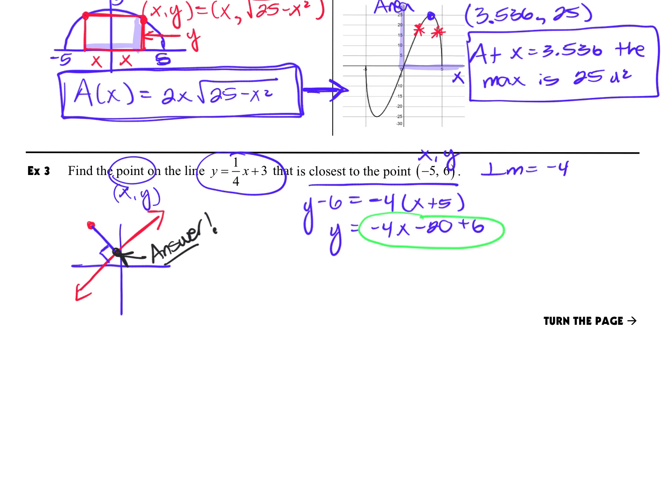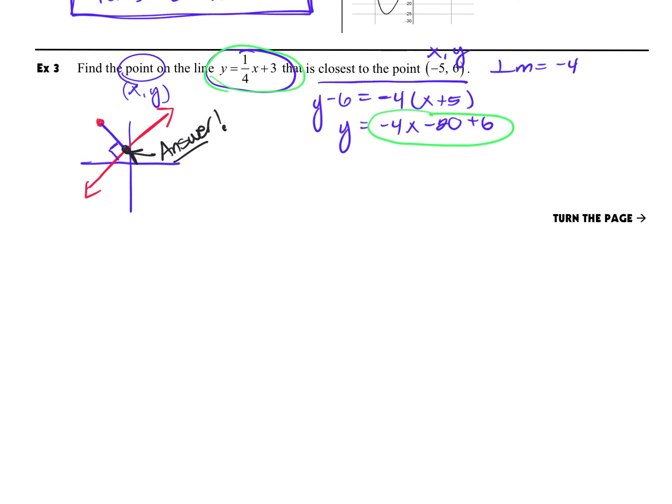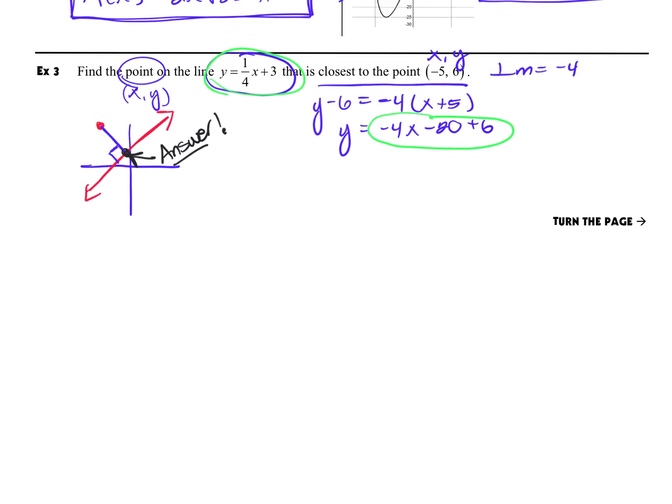this equation and this equation, I just set those two equal to each other, and I can start solving. And when I find their point of intersection, I will have my answer, okay? So I'm going to say -4x minus 14 equals 1/4 x plus 3. We get to go back and remember that we can clear these fractions and make our life so much easier.